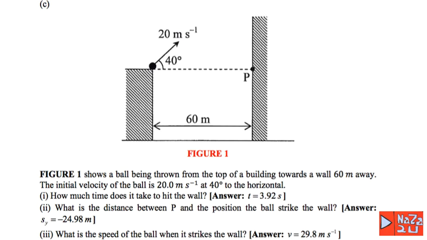Continue to number C. Figure 1 shows the ball is thrown from the top of the building toward the wall 60 meters away. The initial velocity of the ball is 20 meters per second at an angle of 40 degrees to the horizontal.